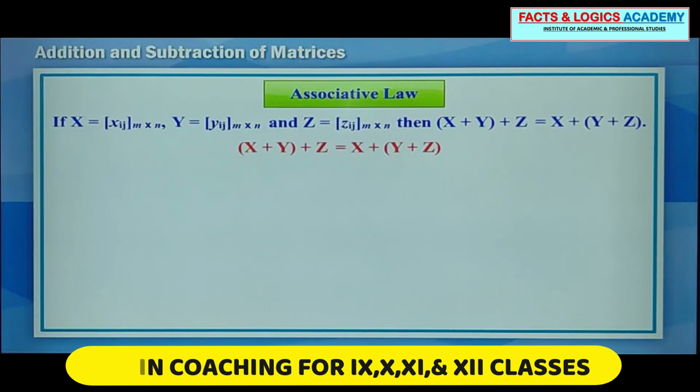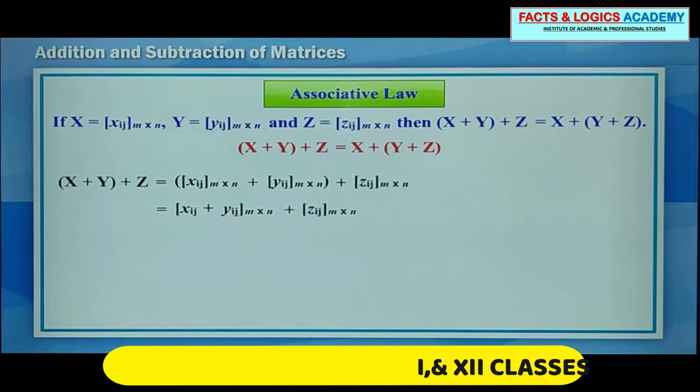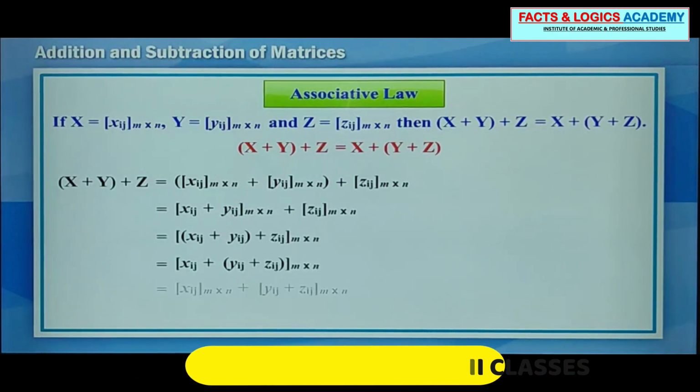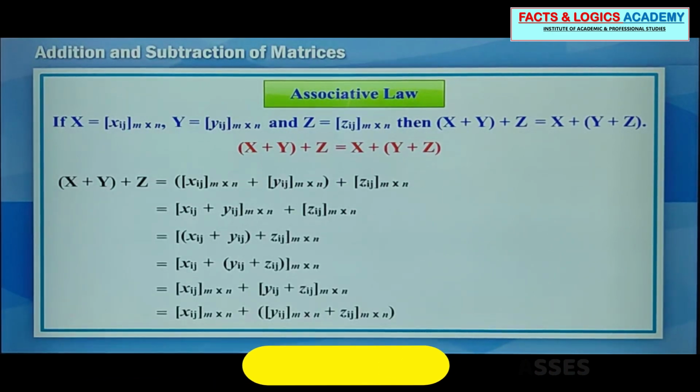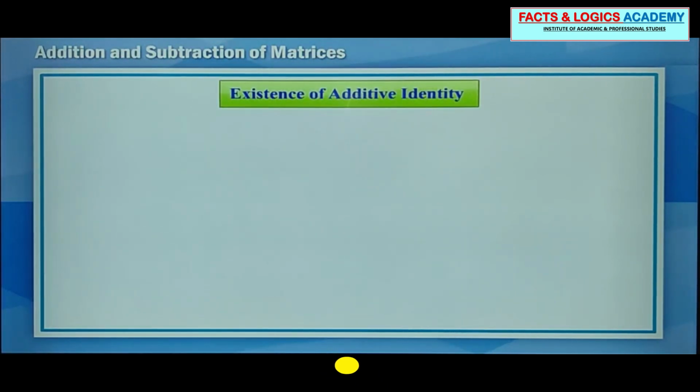Let's verify the associative law over matrix addition. This proves that addition operation over matrices satisfies the associative law.